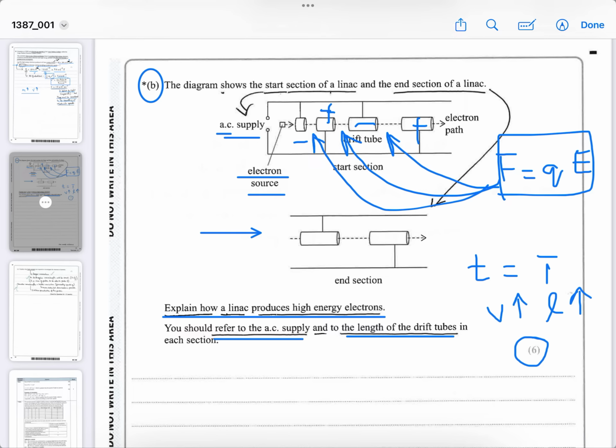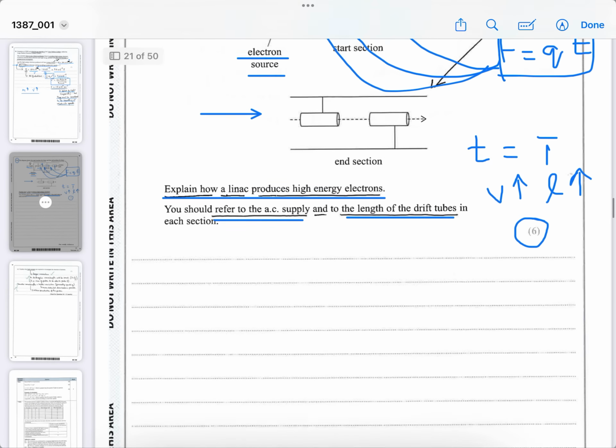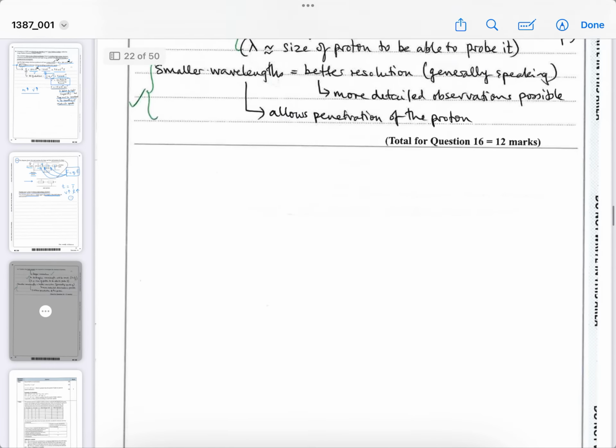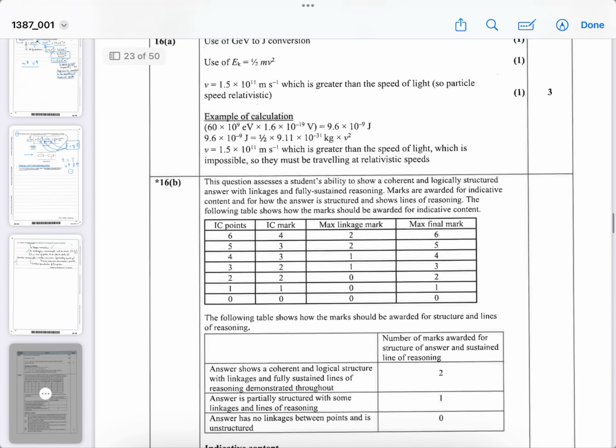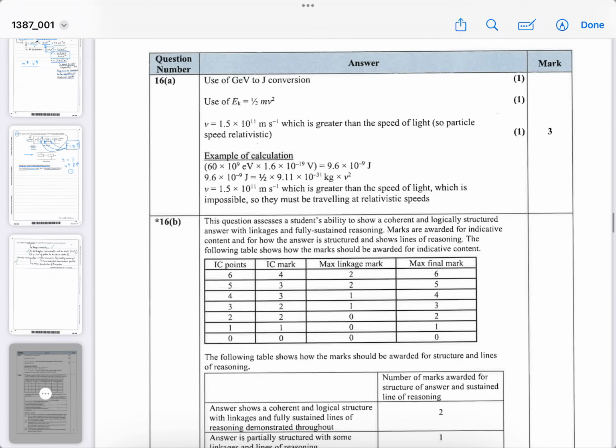And then I will explain why that means that you need to increase the length of the drift tubes as the velocity increases. Okay, so let's have a look at the mark scheme. So what I did was I put the mark scheme at this section. Here you can see part A, which we already did.